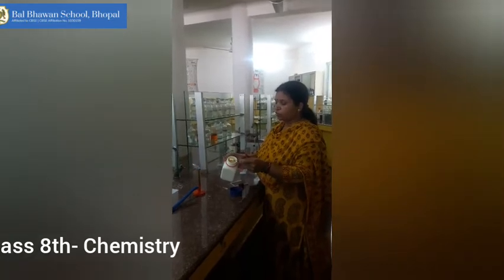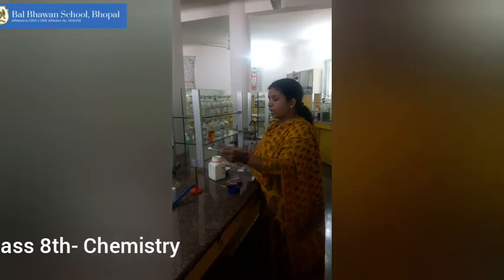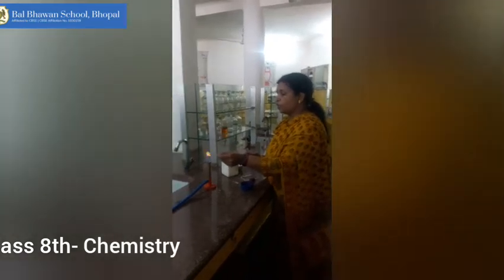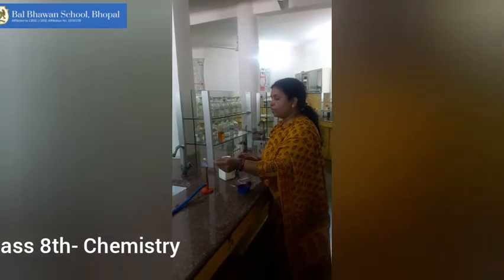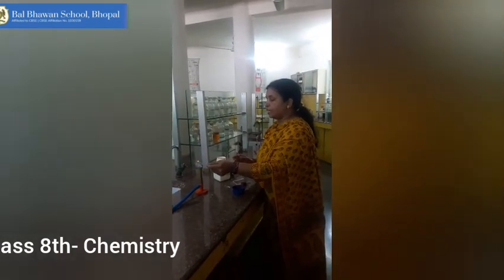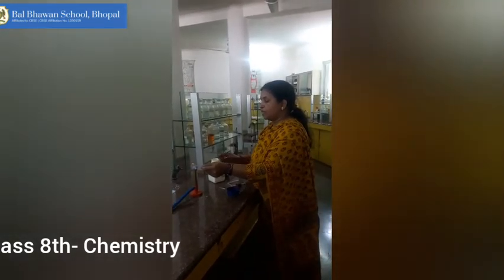Now what I am going to do, I am going to take this sulfur powder in a spatula and I am heating it on a Bunsen burner flame. Now you can find out that a gas is getting evolved when this is heated.